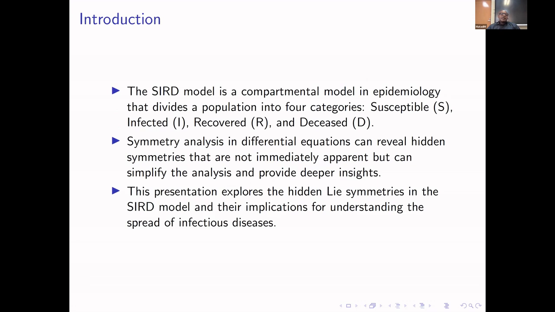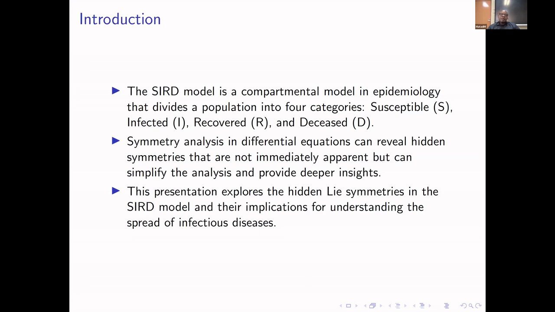The SIRD model that I developed, as I said, a long time ago, is actually a compartmental model which divides the total population into four categories: susceptible, infected, recovered, and dead. Now, Lie symmetry analysis can reveal some hidden symmetries that are not immediately apparent.